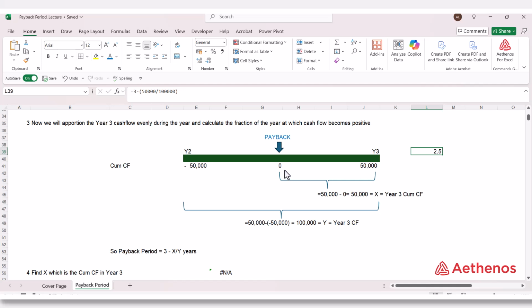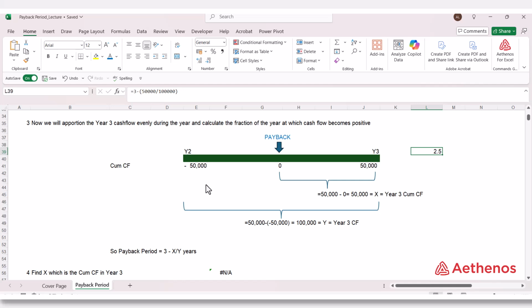from the payback period 0 to 50,000, we'll call that X. So from 0 to 50,000, the cash flow difference is 50,000, and I will call that X. That is basically equal to the year 3 cumulative cash flow.